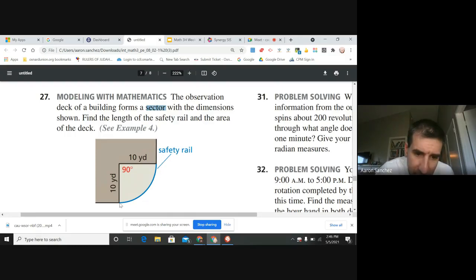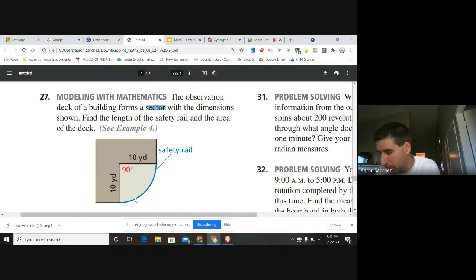So we want the length of the safety rail, and we want this area here. Well, Sam just said this is 1/4 of the circle. So if I find out what the whole circle is, then I could figure out 1/4 of it by dividing by 4.